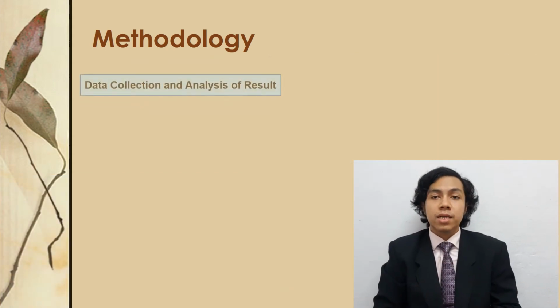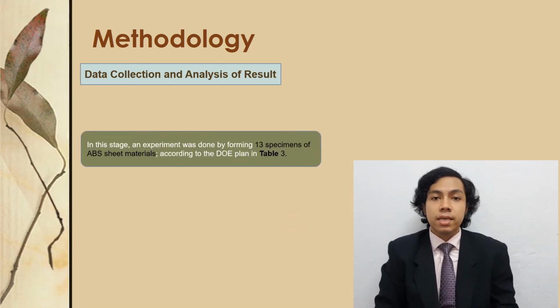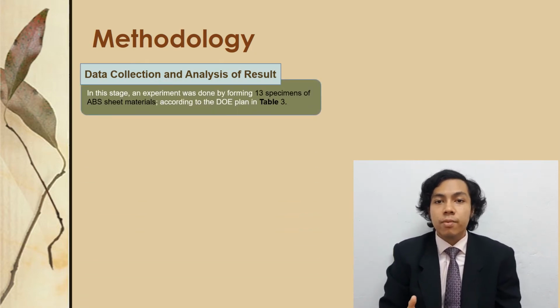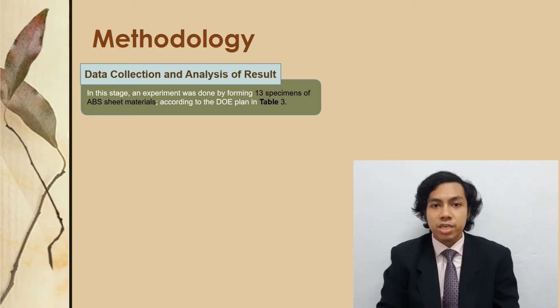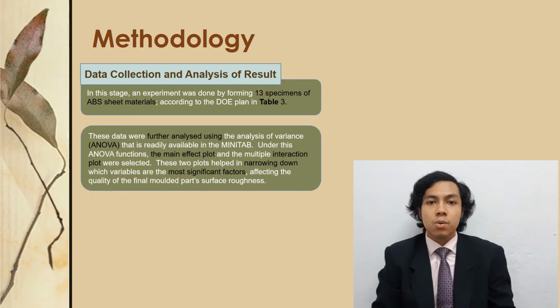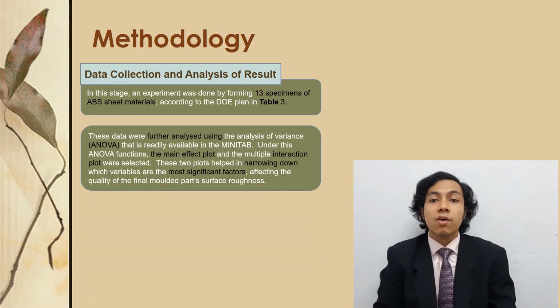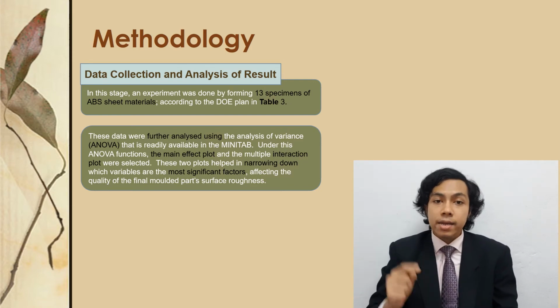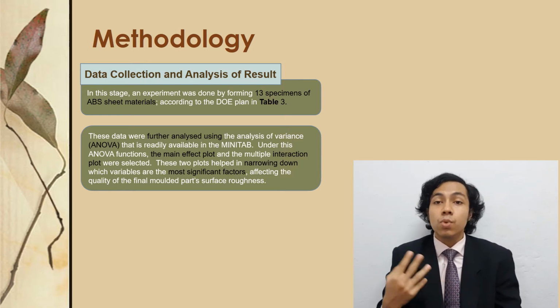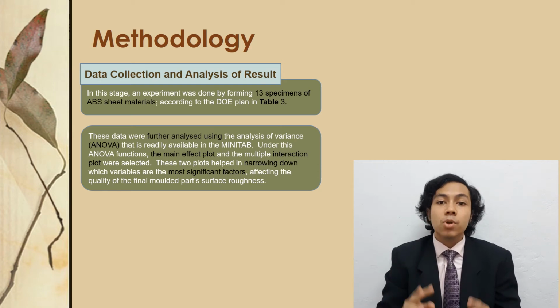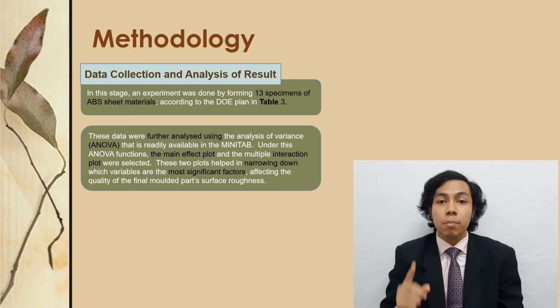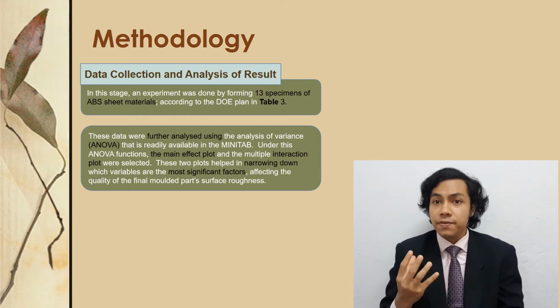Lastly is the data collection and analysis of result. In this stage, an experiment was done by forming 13 specimen ABS sheet materials according to the DOE plan in Table 3. These data were further analyzed using the analysis of variance known as ANOVA that is readily available in Minitab. Under this ANOVA function, the main effect plot and the multiple interaction plot were selected. These two plots help narrow down which variables are the most significant factors affecting the quality of the final molded part surface roughness.